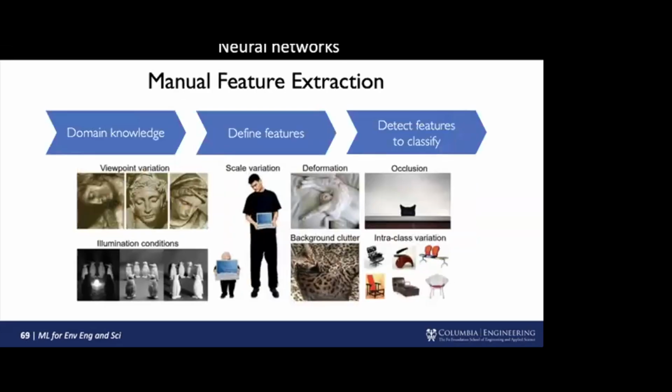Before deep learning, computer vision relied on manual feature extraction. The process looks like this. First, use some domain knowledge to detect what matters, then define the features by hand, and finally detect those features to classify the image. You can look at the image on the left. This approach is difficult because real images vary a lot. Objects change with viewpoint, scale, lighting, background clutter, and occlusion, right?